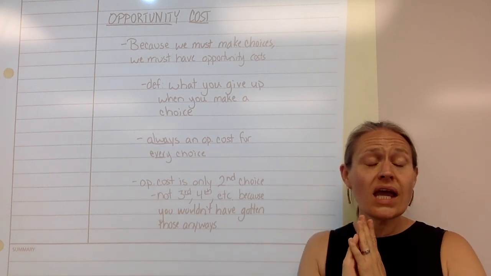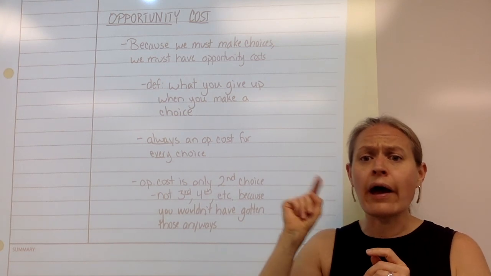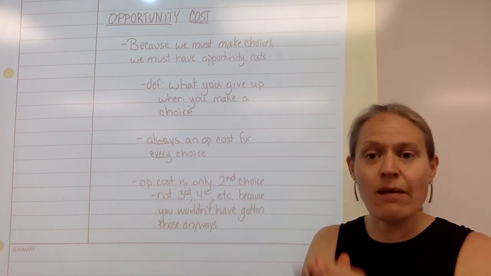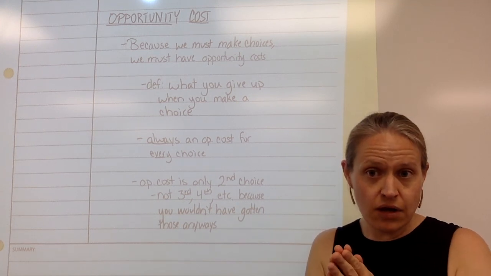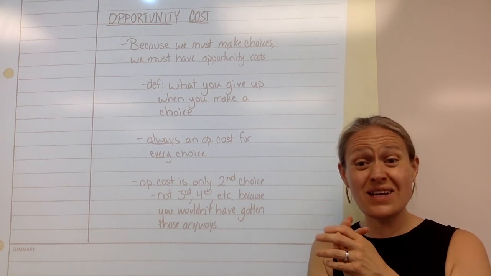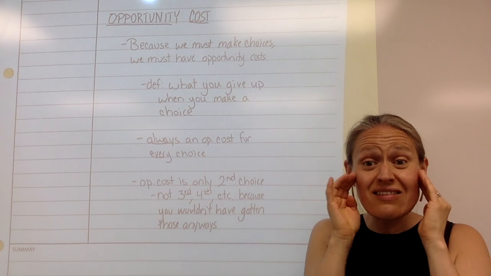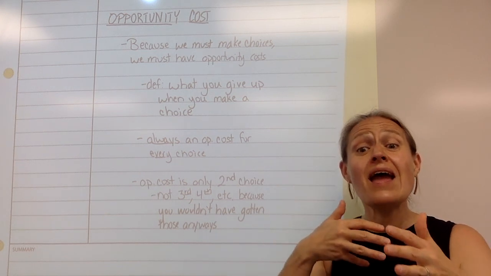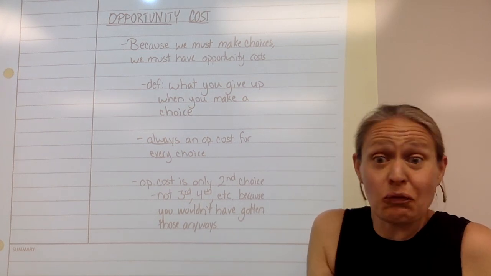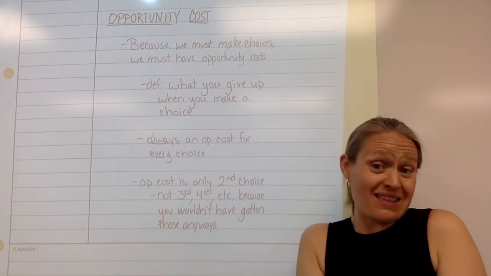So if you're like, done and done, I am going, easy choice, that means very low opportunity cost. Hard choice. A lot of you this year as seniors are going to be deciding what you're doing after high school, and you're like, should I go to this college or this college? It's going to be a difficult choice because you can only go to one at a time, so you're giving up a lot in order to get something.